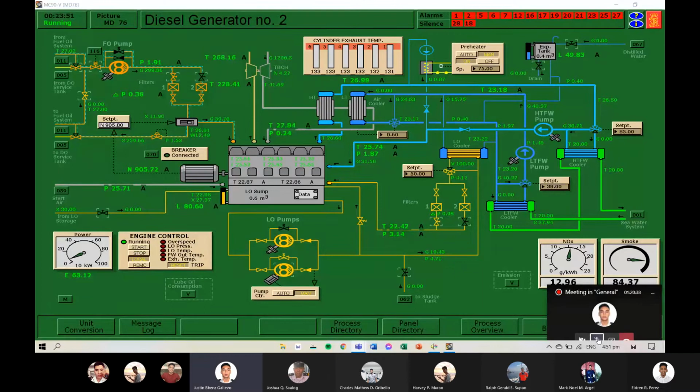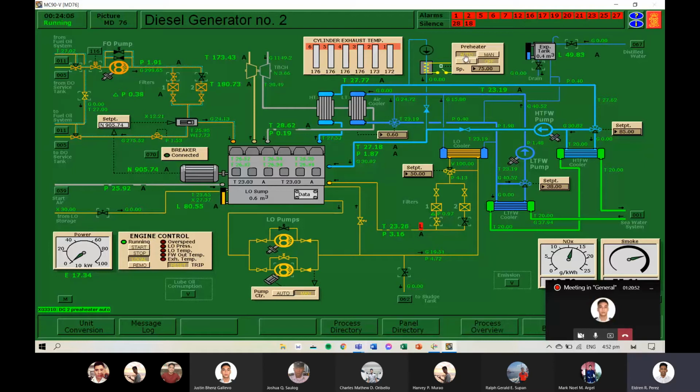Chief Engineer Perez, sir, put on auto mode the preheater. Next. Chief Engineer Perez, sir, put the LO priming pump to auto. Next. Chief Engineer Perez, sir, put the engine control to remote.